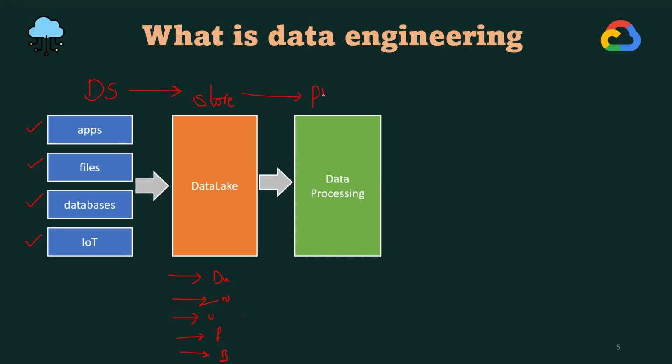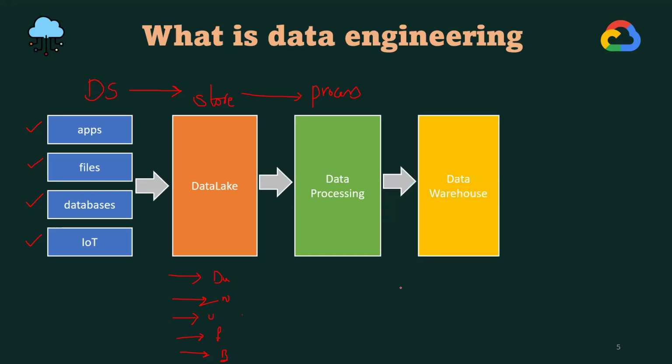So once the data is properly stored in one single location, we are going to process it properly. Once the data is processed, we are going to send this data to the data warehouses, where we are going to perform the data analysis. There we are going to create some kind of tables which are going to give you insights.